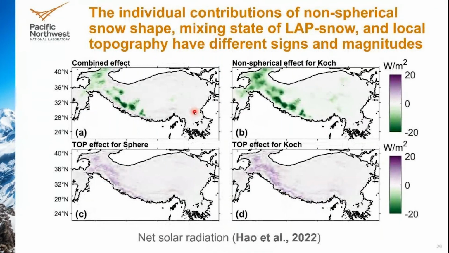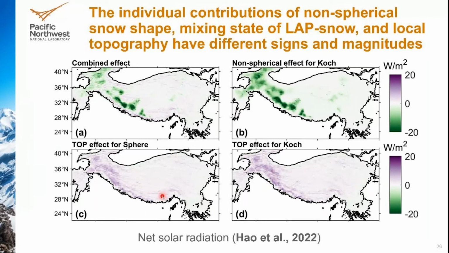Finally, we combine our first topography study and this snow albedo study to see how they interact with each other. In this figure, panel B shows the non-spherical effects for the koch snowflake, and panel C is the topography effect for sphere. Panel D is the topography effect for koch.